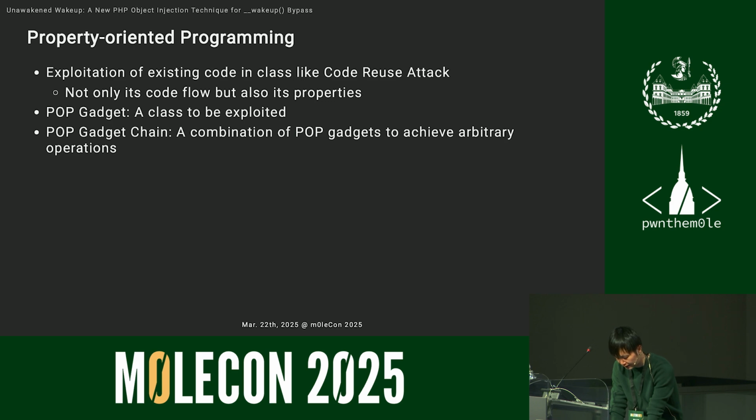The exploited classes are called gadgets, following the terminology used in other code reuse attacks. Similar to those attacks, POP can utilize a gadget chain, which combines multiple gadgets to perform arbitrary operations.